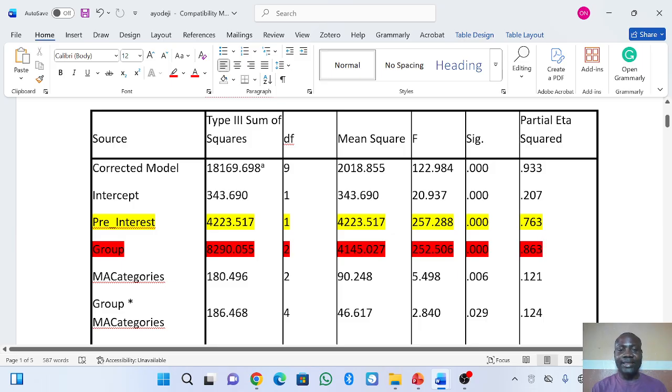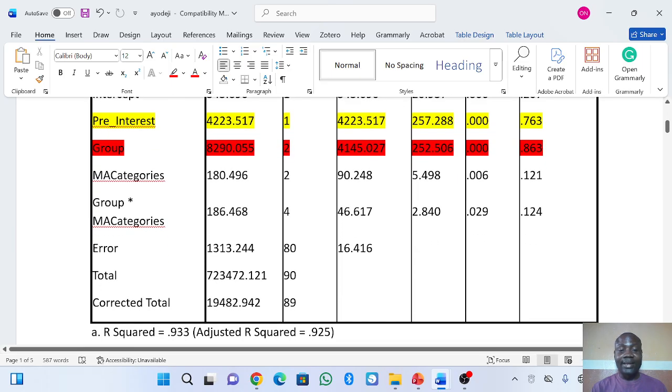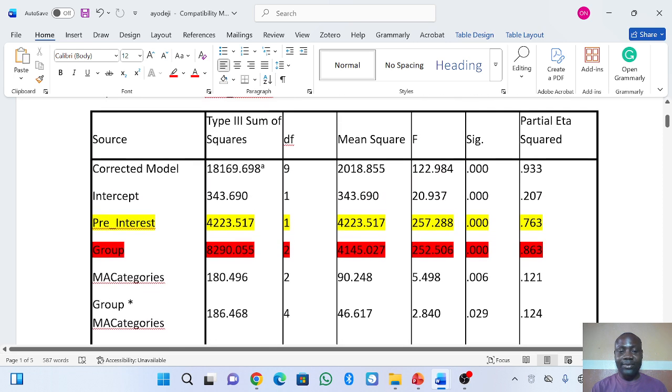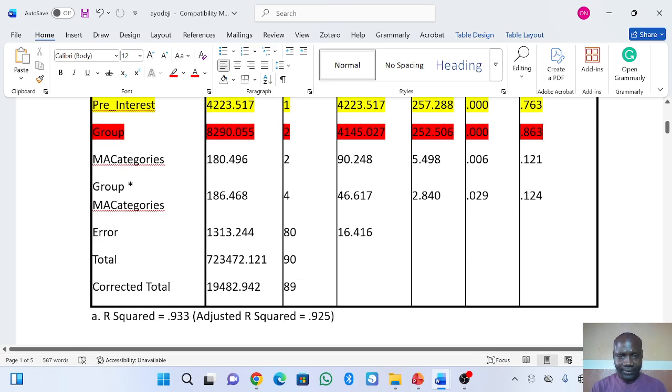And the DF is the degree of freedom. The first is 2, across the groups, and the error term is 80 within them. We have 3 groups, and 3 minus 1 is 2, so that's how we obtained the first DF. The second DF is the error term that we have here.